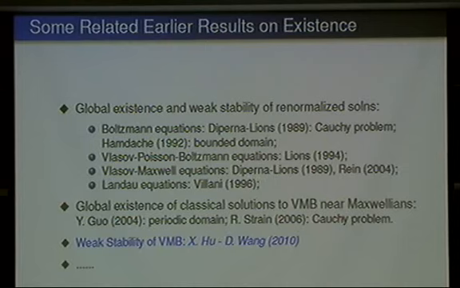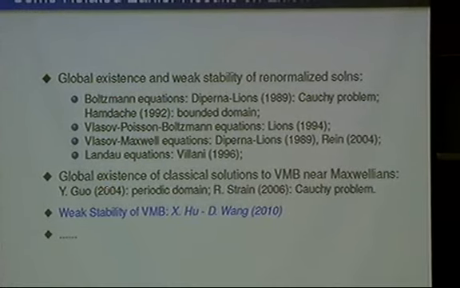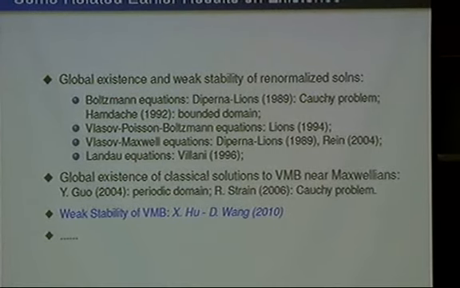Also for the Vlasov-Maxwell-Boltzmann equation, what we know for this model is that Yan Guo and also his student Strain had some results on the existence of classical solutions. It's classical solutions near the Maxwellian.